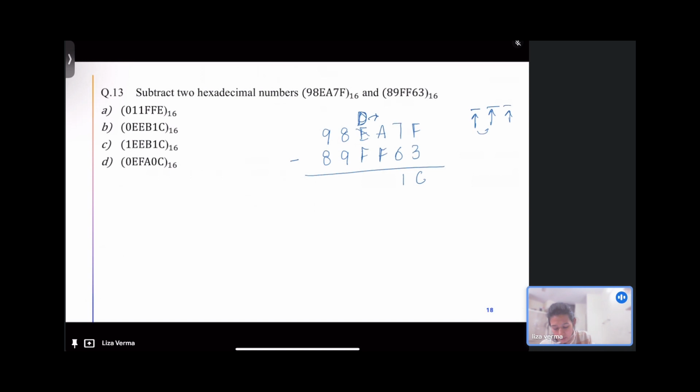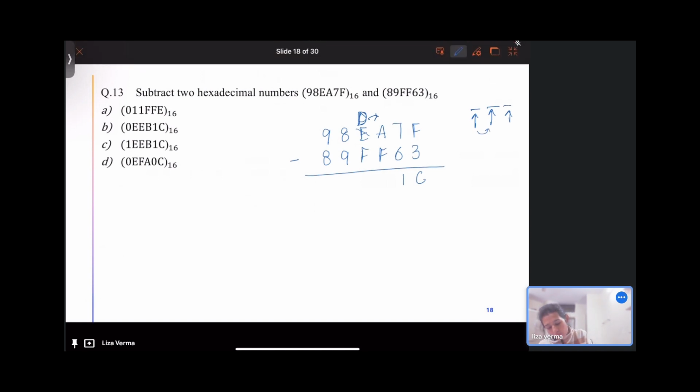That is why when we take a borrow to a less significant digit, we will get a 16 there.